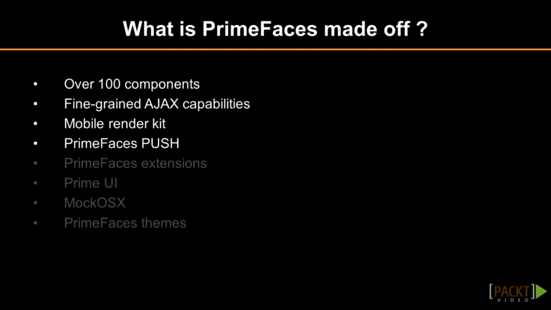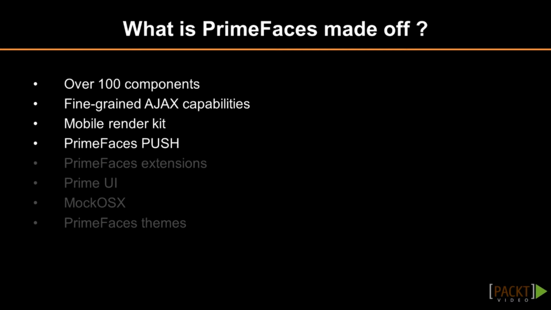In addition, PrimeFaces comes with PrimeFaces Push, which is based on the Atmosphere framework. As a quick note, Atmosphere is the most popular asynchronous application development framework for enterprise Java.